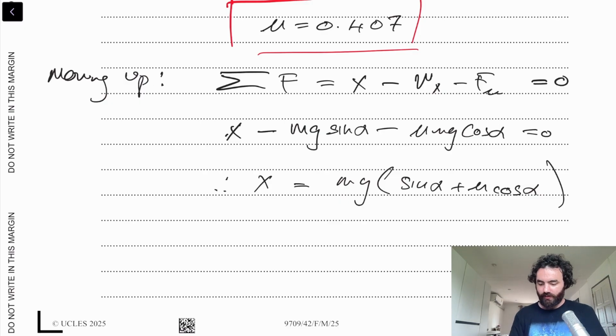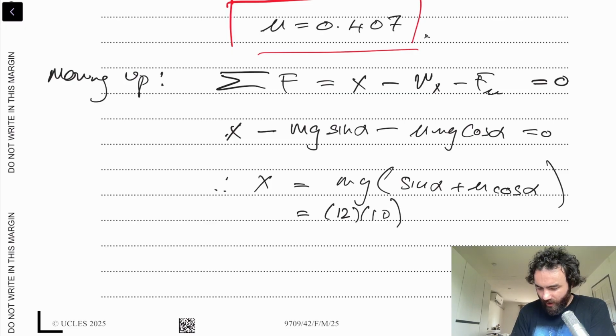Okay, so we plug all those things in. We're using this result for mu because this is constant no matter if it's moving up or down. So I guess I'll make it clear. This is 12 times 10. Do you want me to write everything out? Is that what you guys want? Times sine of tan inverse of 0.5 plus this thing 0.407 times cos of tan inverse of 0.5.